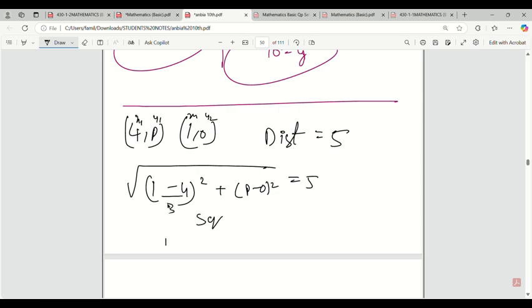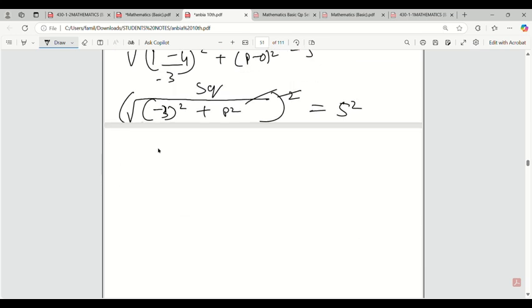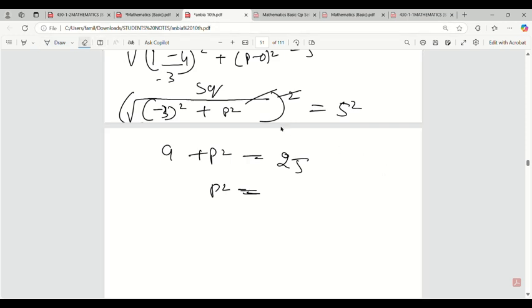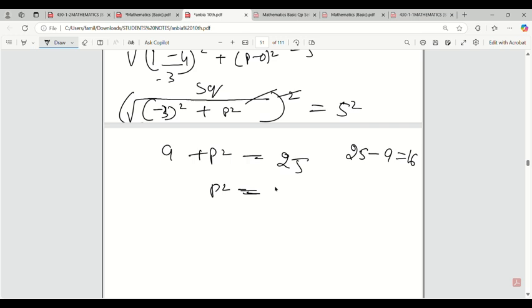Remember, 1 minus 4 whole square plus p minus 0 whole square is equal to 5 square on both sides, so that the root will get cancelled. 1 minus 4 is minus 3, right? Minus 3 whole square plus p square is equal to 5 square. 9 plus p square is equal to 25. p square is equal to 25 minus 9, which gives you 16, right?